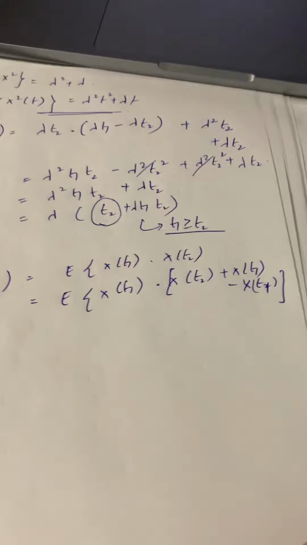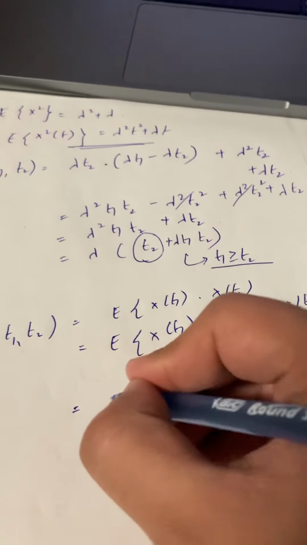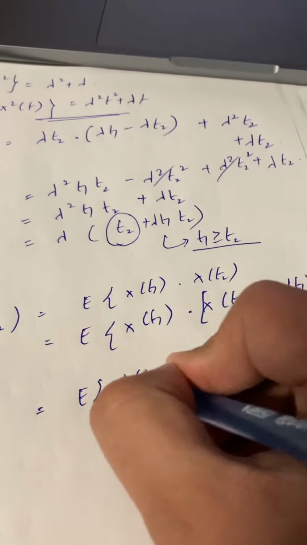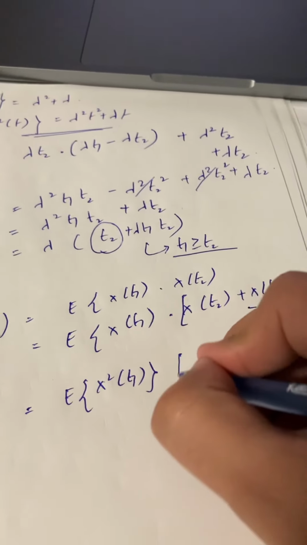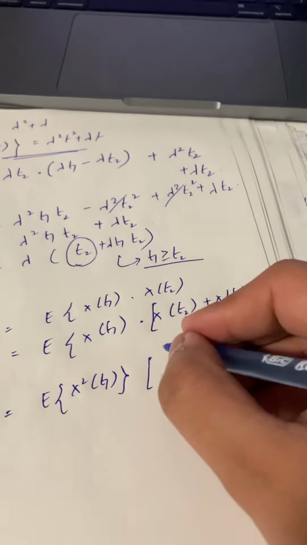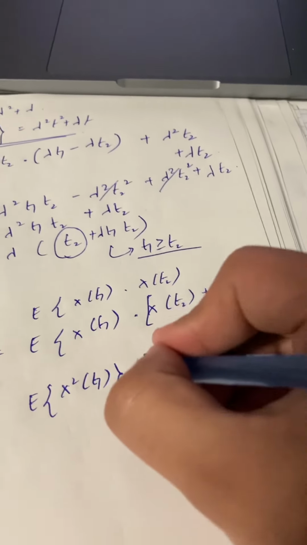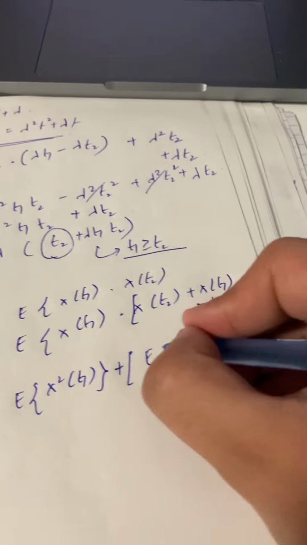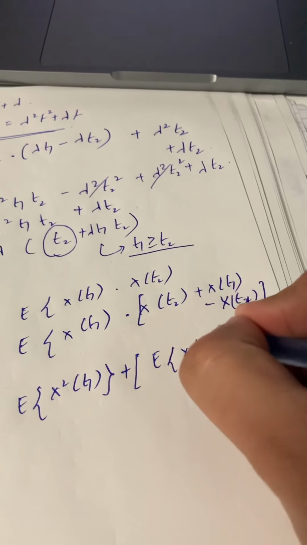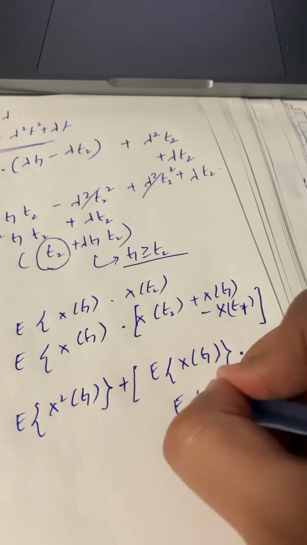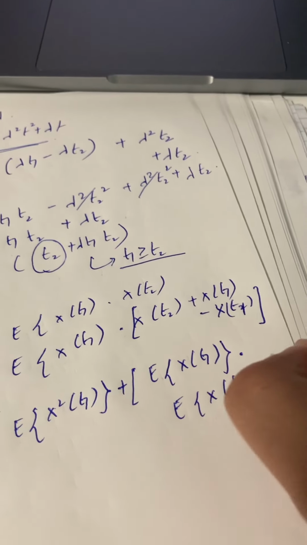So this can be written as E of X square t1 plus E of X of t1 into E of X of t2 minus X of t1.